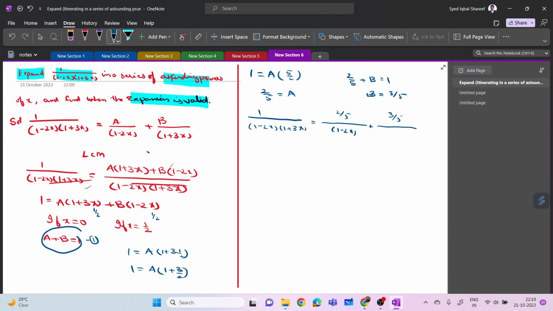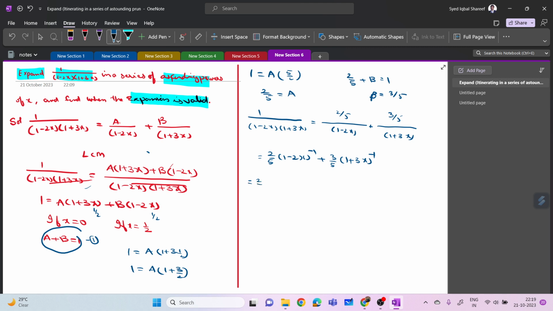This is b, not 13, please. So this is 2 by 5 (1 minus 2x) to the power of minus 1 plus 3 by 5 (1 plus 3x) to the power of minus 1.